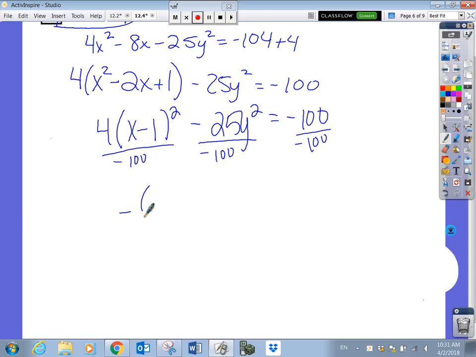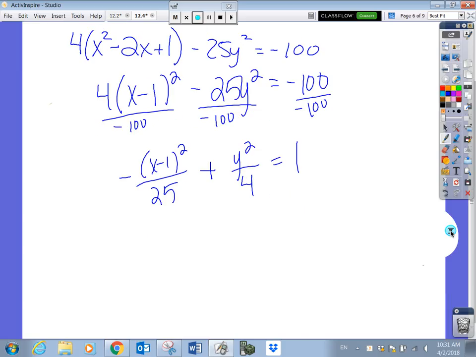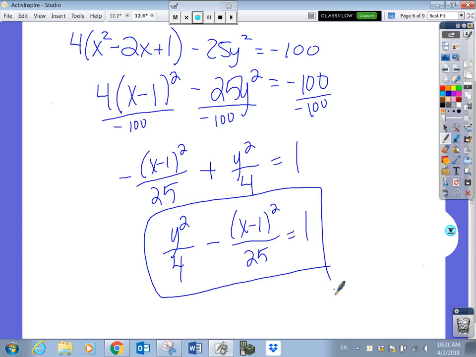So you get negative (x minus 1) squared over 25 plus y squared over 4 equals 1. That's not quite standard form. Okay, we need the positive to be first. So y squared over 4 minus (x minus 1) squared over 25 equals 1. Now it is in standard form.